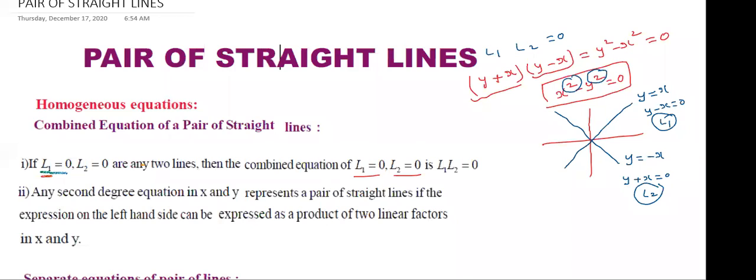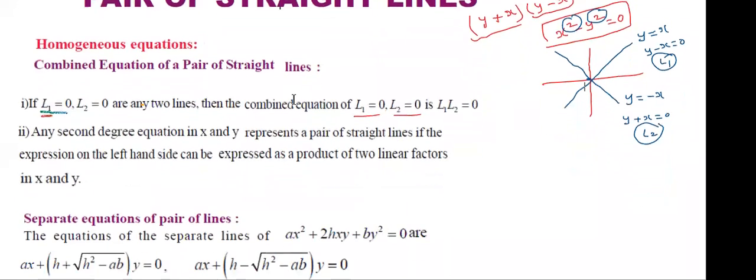So the pair of lines passing through the origin, we will say that is a homogeneous equation. If it is not passing through the origin, we will say that it is a non-homogeneous equation. The general form of a homogeneous pair of lines is ax square plus 2hxy plus by square is equal to 0.